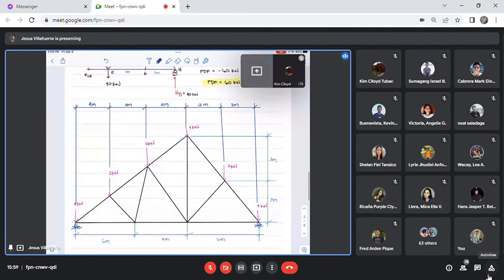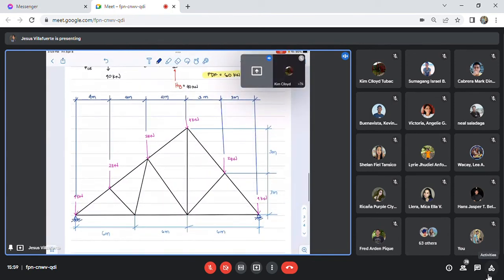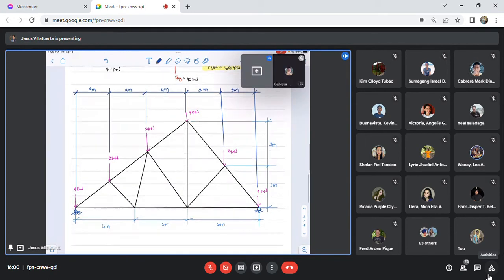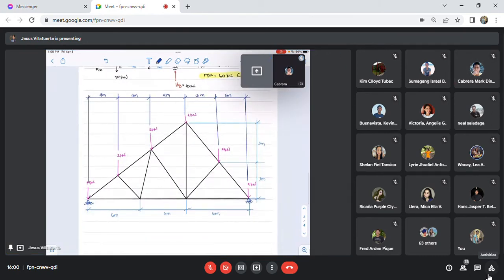Nana ba diri tanan class atong kinahanglan? I think, di na siguro kailangan electrician kaysa itong electric fan. Yung duha ka triangle sa side. Asa man nadapit?